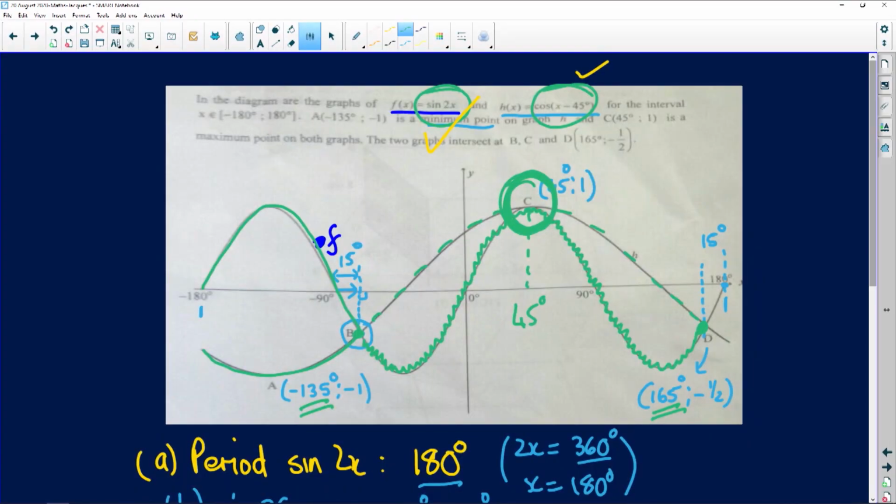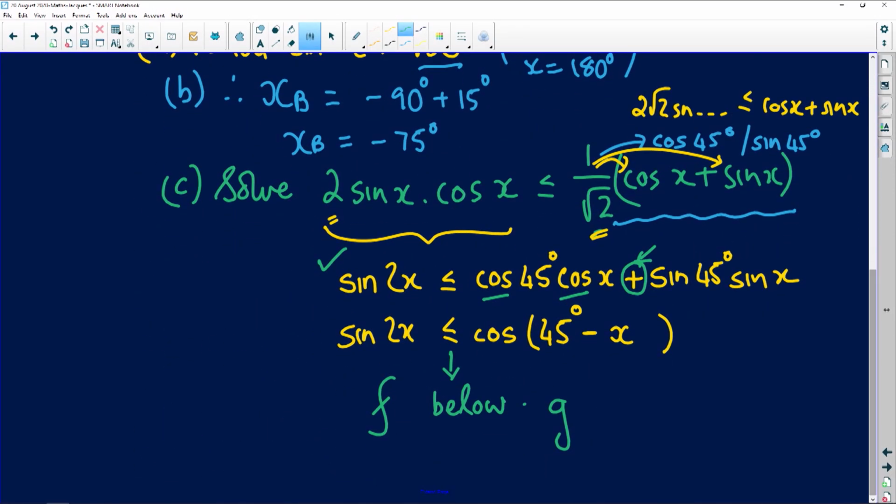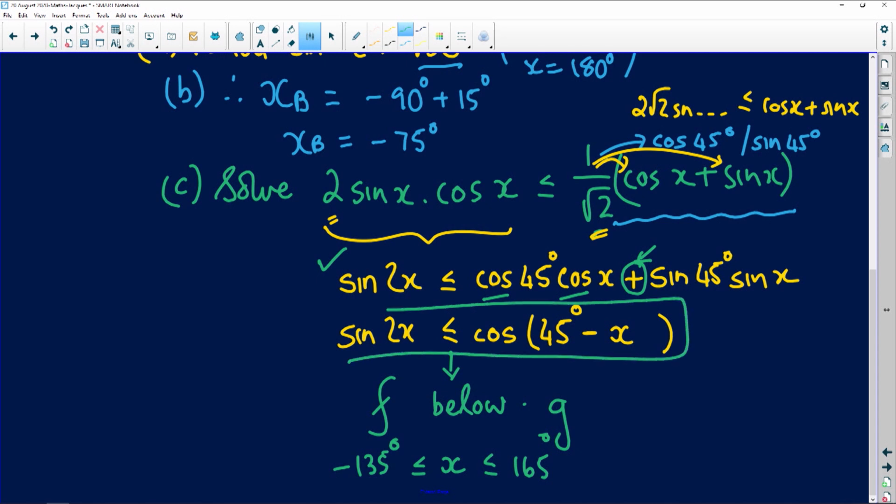Or you could say from B here to D, but excluding this point. That's not what we want to do because we're including the point. So x is bigger and equal to minus 135 and smaller and equal to 165 degrees. That is where this is happening, folks.